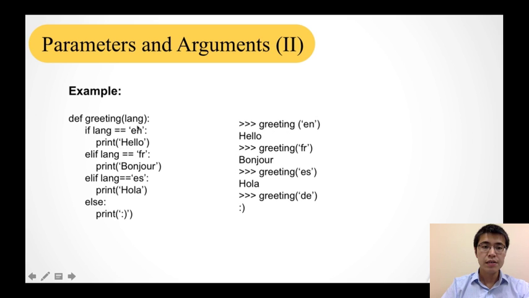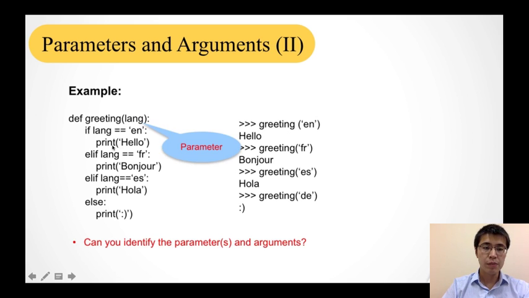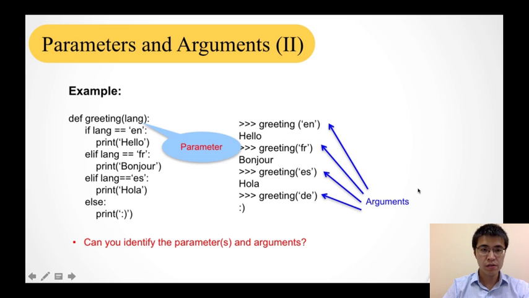So now you see this language is the parameter in this grading function, and we can compare the values to the keywords in this function. And when we use this grading function, we need to provide the keywords, and those words are the arguments, right? So now you see clearly the parameter is what is asked from the function, and the argument is what we gave to the function.